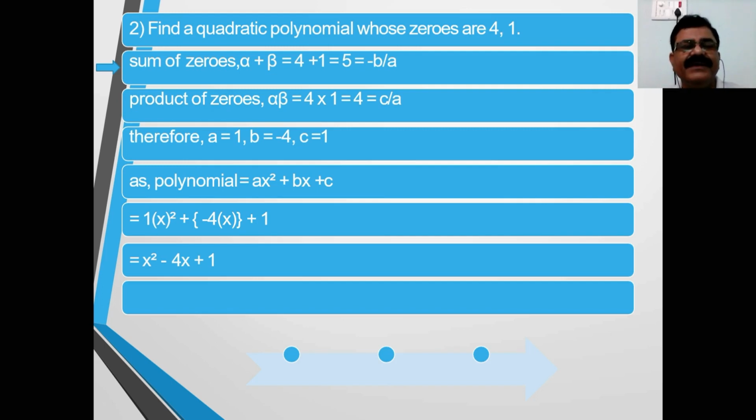Therefore a is 1, b is -4, and c is 1. The polynomial ax² + bx + c is then x² - 4x + 1. That is the final quadratic polynomial whose zeros are 4 and 1.